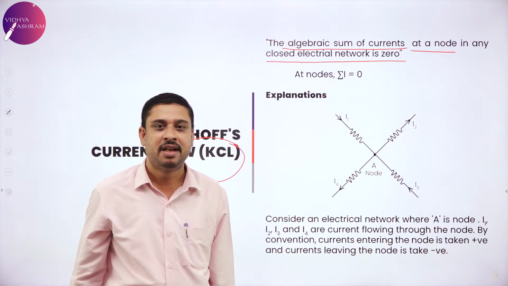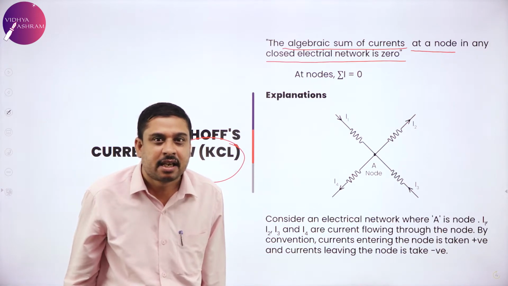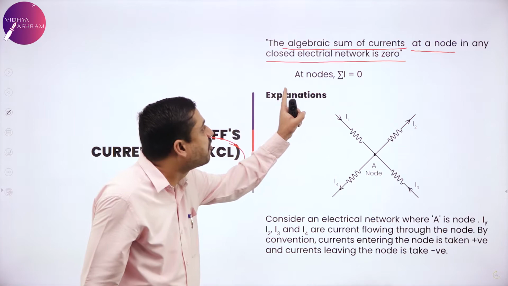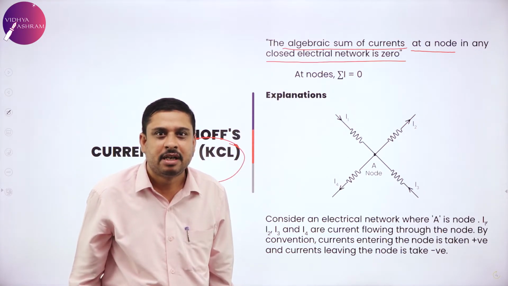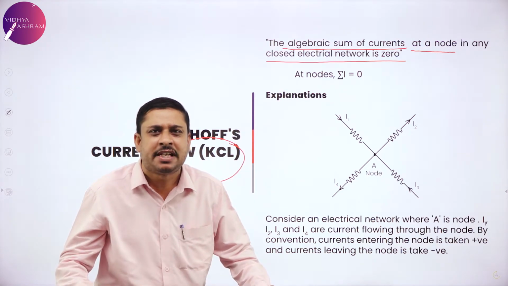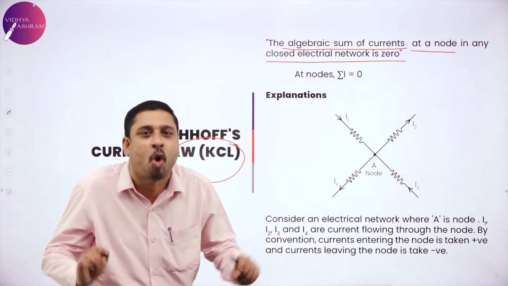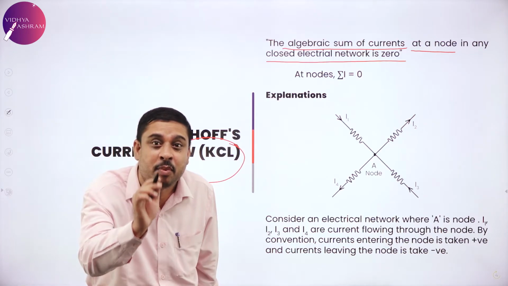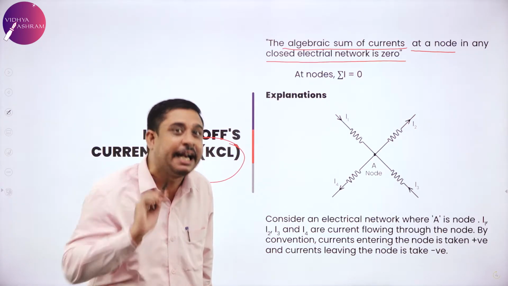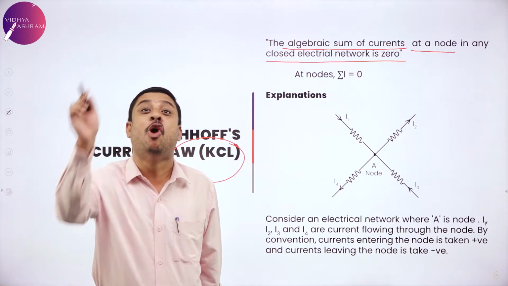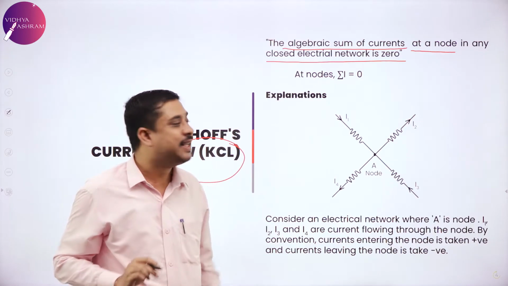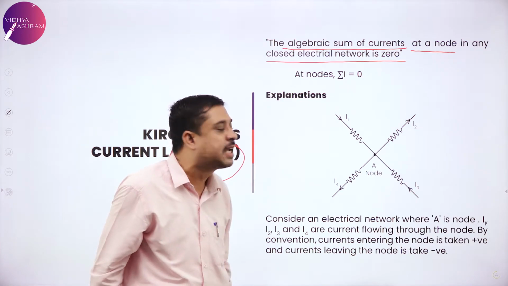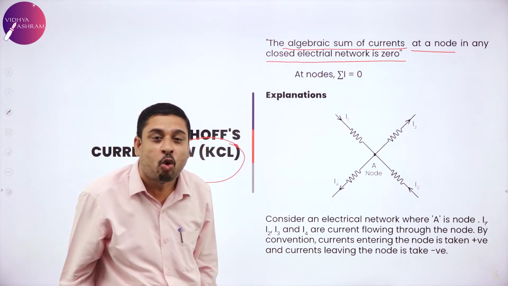Beautiful statement. He says the algebraic sum of currents, the currents which flow through a node, the algebraic sum of those currents flowing through a node in any electrical network is 0.